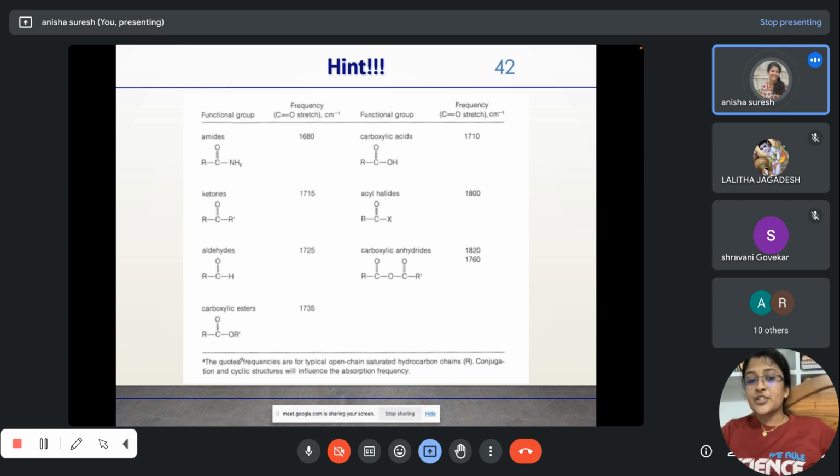Here they have mentioned that the quoted frequencies are for typical open chain saturated hydrocarbon chains. Conjugation and cyclic structures will influence the absorption frequency.